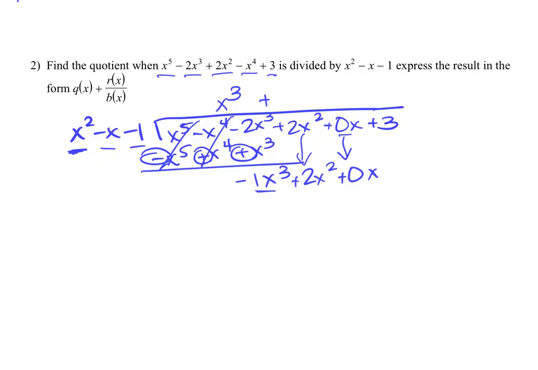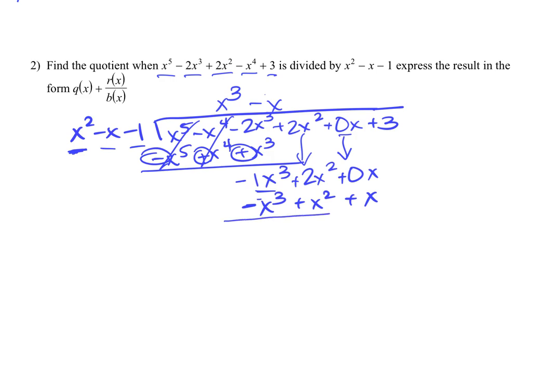But it's minus x because that's a negative. So negative x times x squared is negative x cubed, plus x squared plus x.